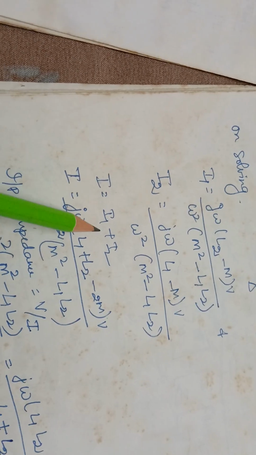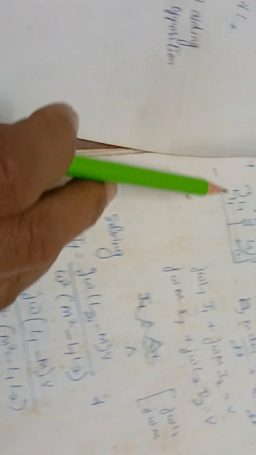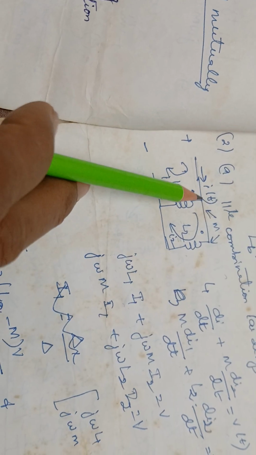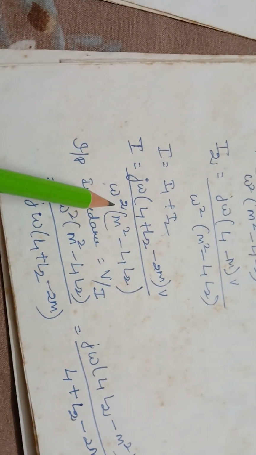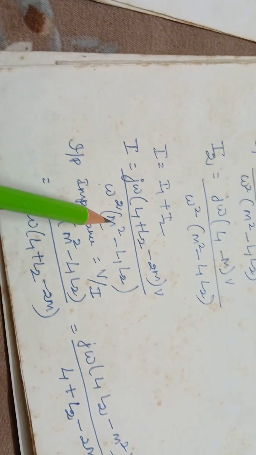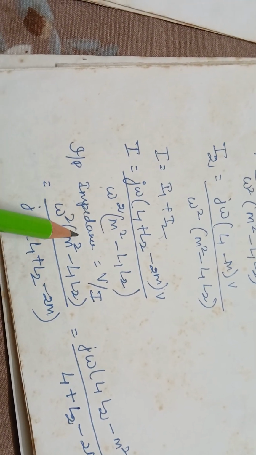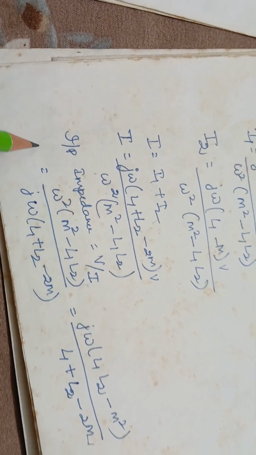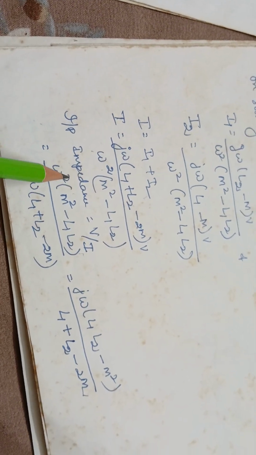So I is nothing but I1 plus I2, the current entering. After adding, I am getting I equal to this expression. So the input impedance is equal to V by I.